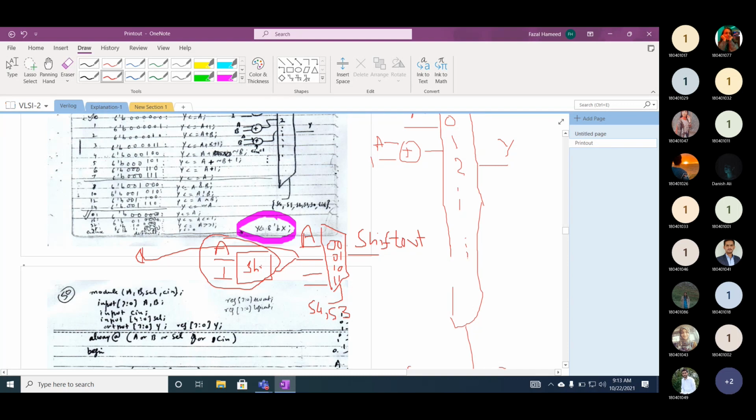Because we are shifting A by 1, the output will be A6, because A7 will be removed, then A5 and so on, until A0, followed by 0.